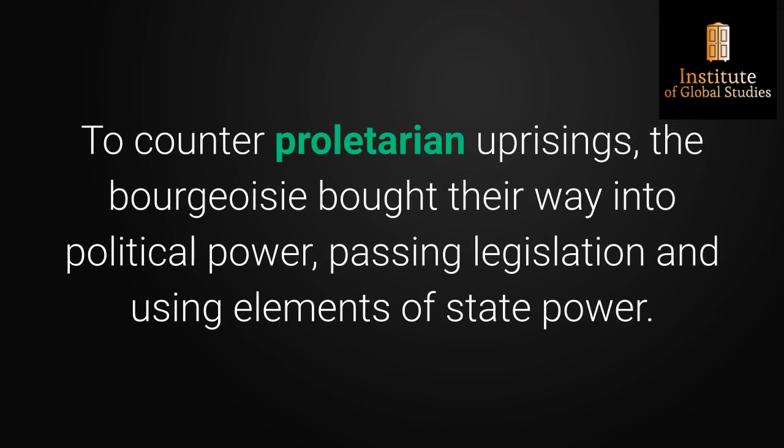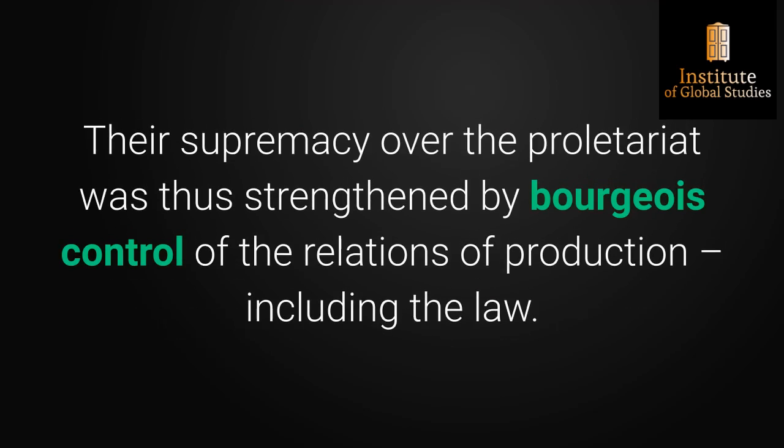To counter proletarian uprisings, the bourgeoisie bought their way into political power, passing legislation and using elements of state power. Their supremacy over the proletariat was thus strengthened by bourgeois control of the relations of production, including the law.